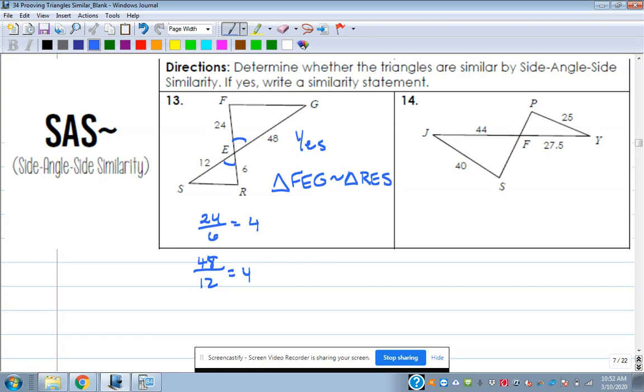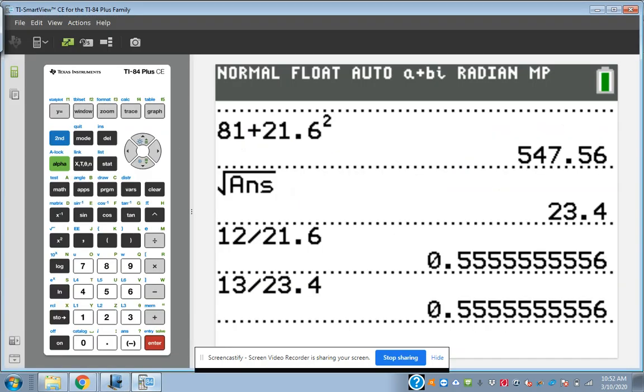Do we know that those angles are congruent? Because they look the same, but do we know that they are? What would have to be on the picture for them to be the same? Some parallel markings. Because we don't know if those angles are the same, we can't say that these are similar by side angle side. We could check the ratios on the sides, 25 over 40, if we wanted to check that.